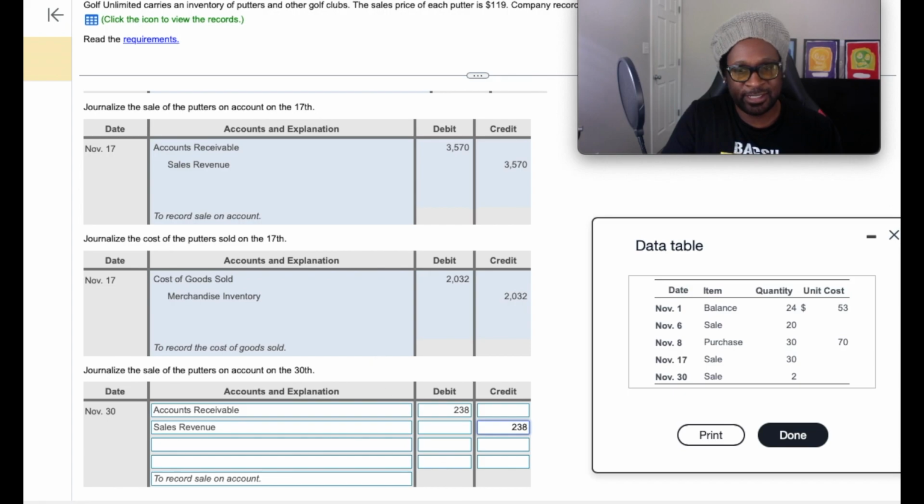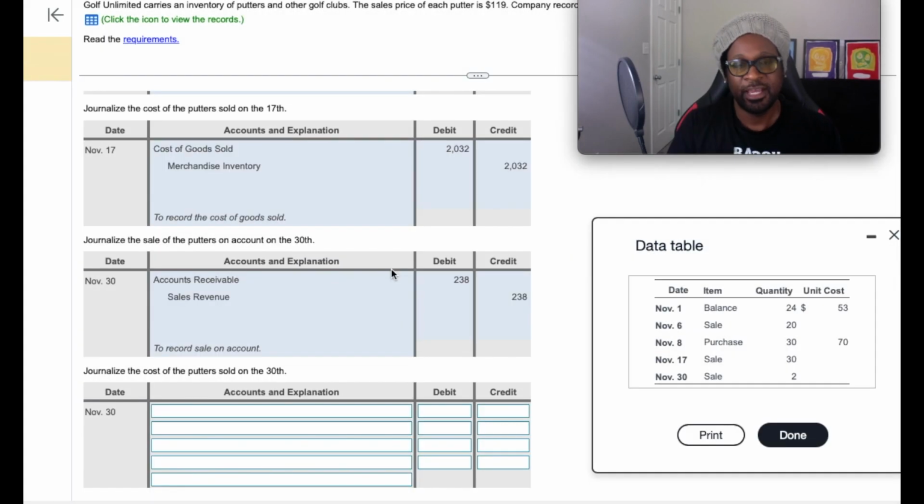We're going to check the answer. Nice work, gang. And for the last journal entry, we must recognize the cost of goods sold for those 2 units by using our already calculated amount in the table, which means that we're going to debit cost of goods sold and credit ending inventory for $140. We're going to check our answer.